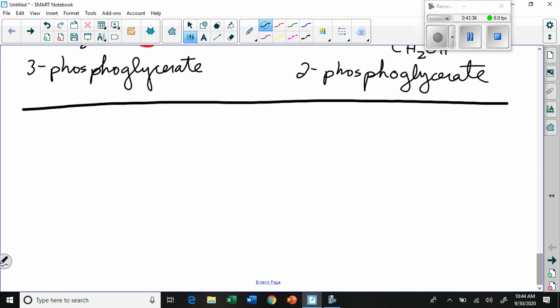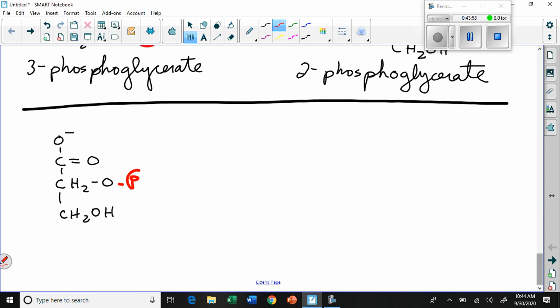So let's draw the 2-phosphoglycerate again and see what happens to it. 2-phosphoglycerate: double bond O, and the CH2 and the O. That's where the phosphate is going to stick on in a second, and then CH2OH down below.